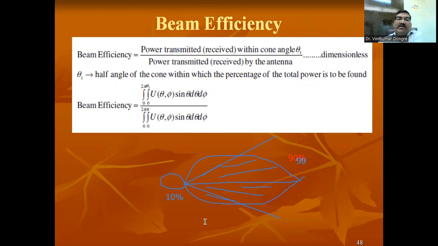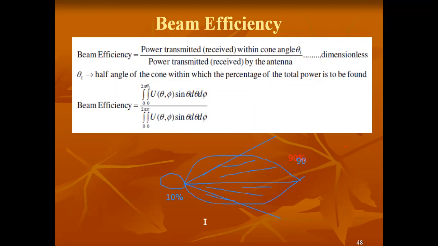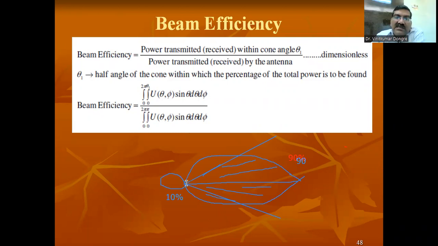So what will be the efficiency of this antenna? Can anybody tell me? 90%. It is simple, because we are considering this angle, and in this angle 90% is radiating, and 10% is going in some other direction.